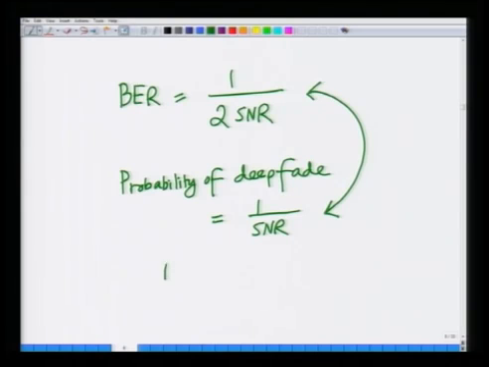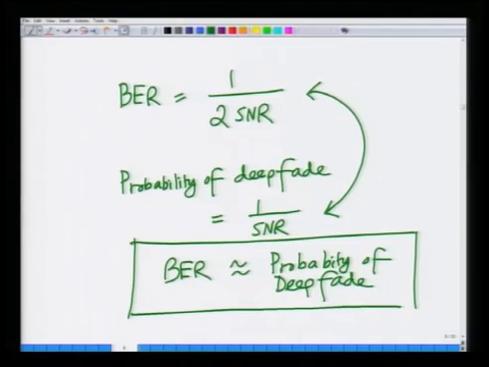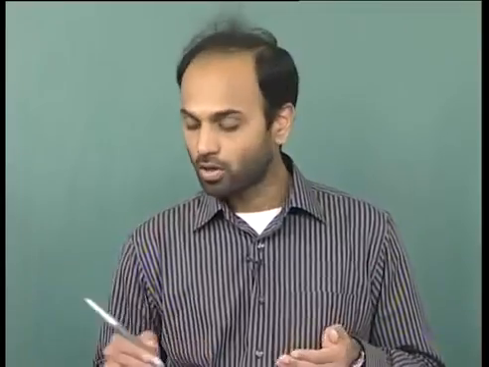Ignoring this factor of 2 in the denominator, because both are approximations anyway, the bit error rate is approximately equal to the probability of deep fade. That is, in a wireless communication system, bit error rate is nothing but a deep fade event. That is what this result is saying.